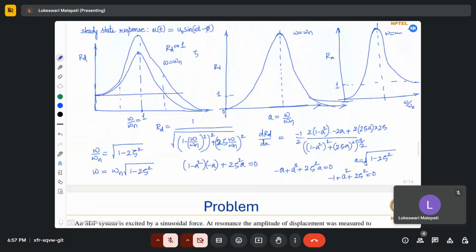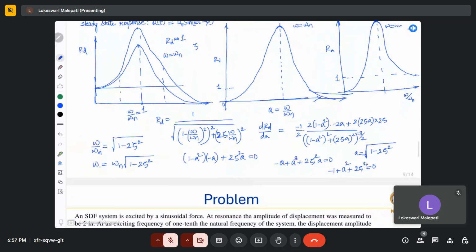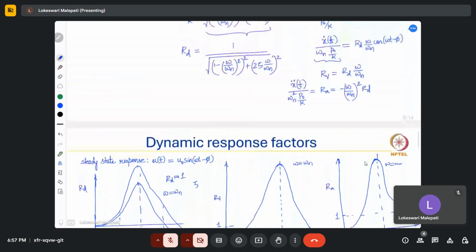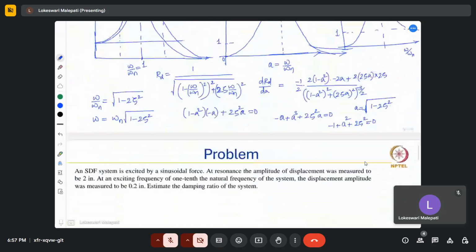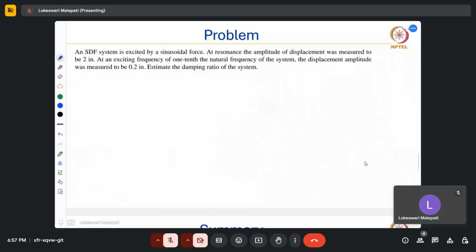And also once we substitute this maximum frequency ratios in these response factors, then we will have the maximum response values for each of the variables, that is deformation, velocity and acceleration, as like this.